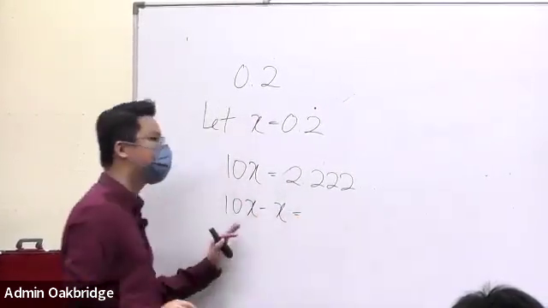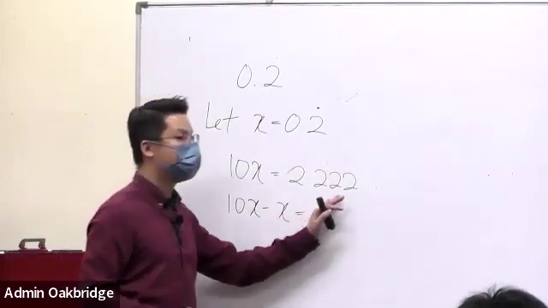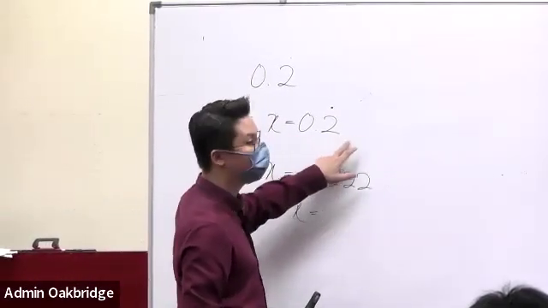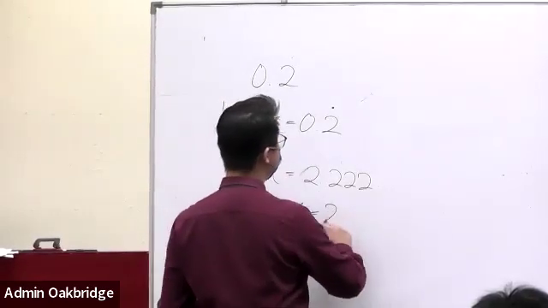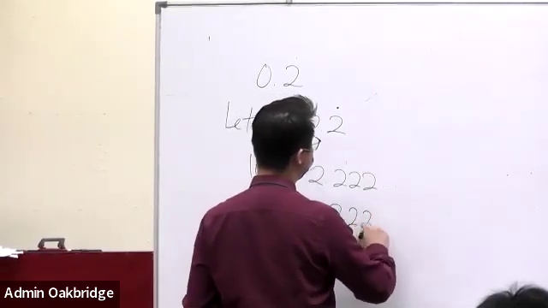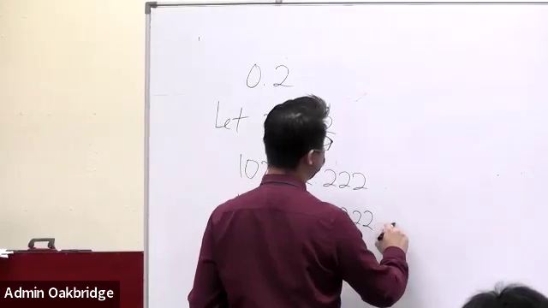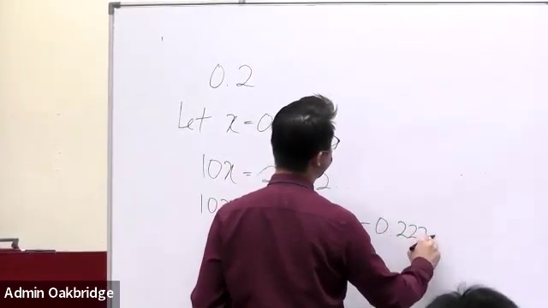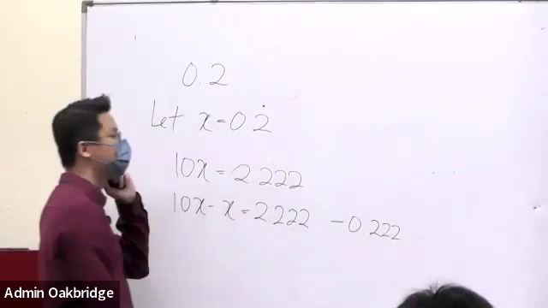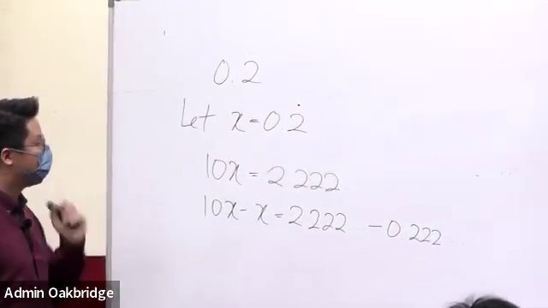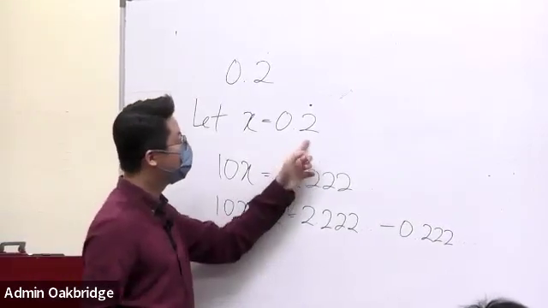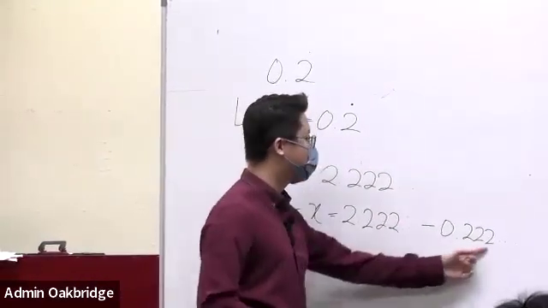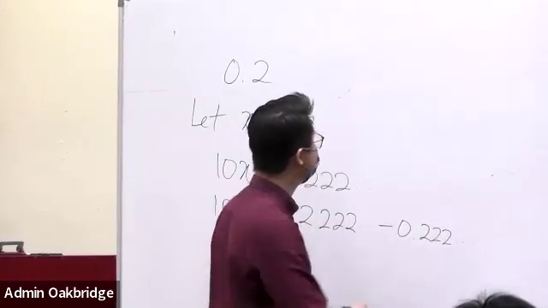Okay, this is for the left-hand side. For the right-hand side, the x that we minus here is 0.2222, so I just changed the x to minus 0.222 and so on. So far so good, can follow? This x means 0.2222, and here is 2.2222. I want to simplify this recurring decimal number.